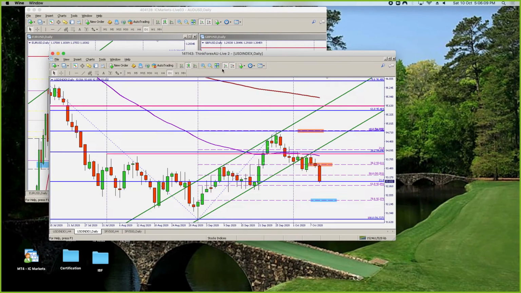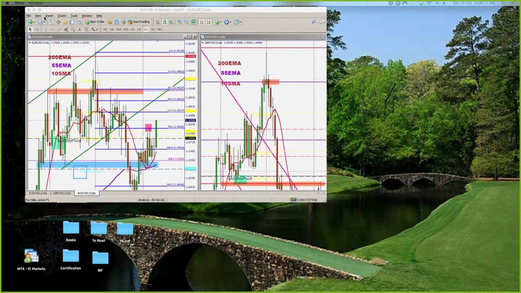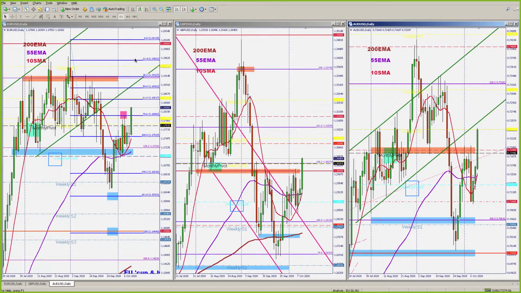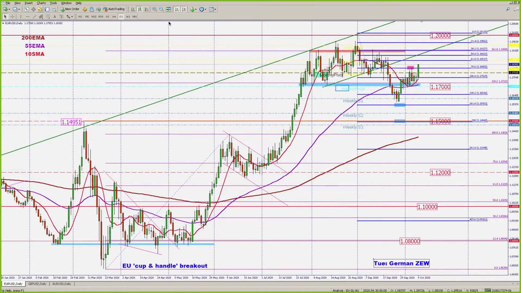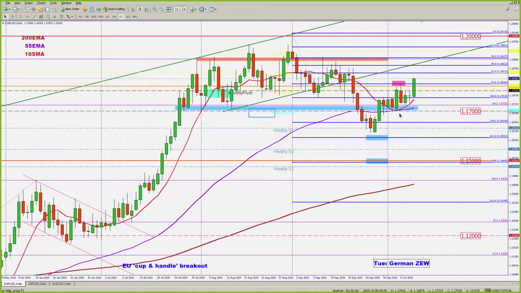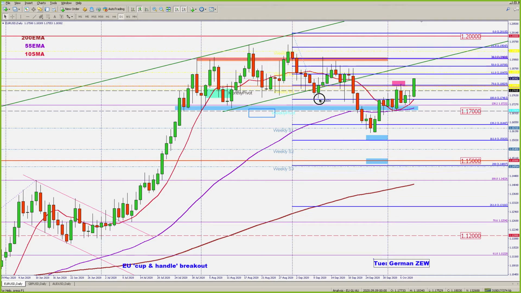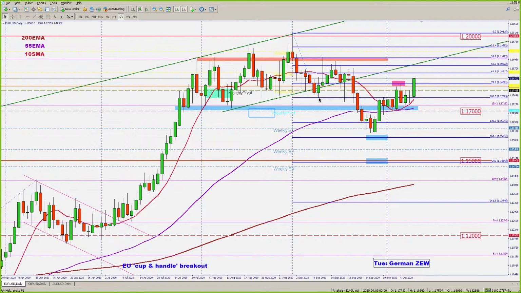Let's go back to the Euro. The Euro did manage to find support at the start of the week, climbed up higher and pulled back, and now has broken out higher above the 78.6 retracement of this Fibonacci level.